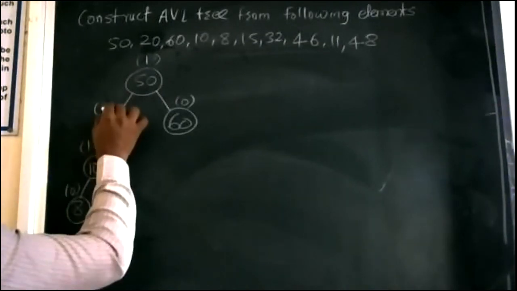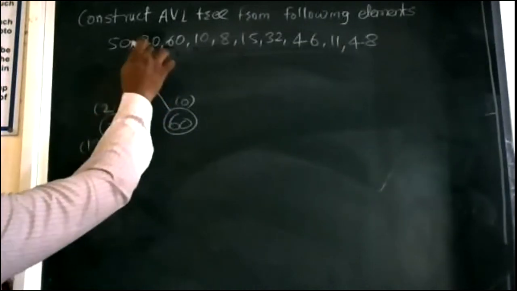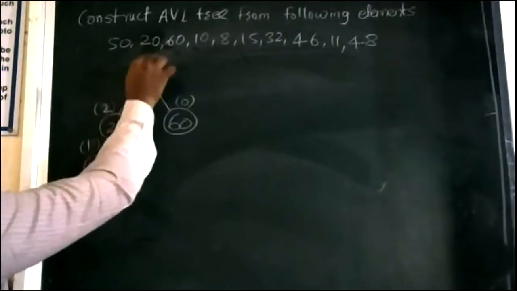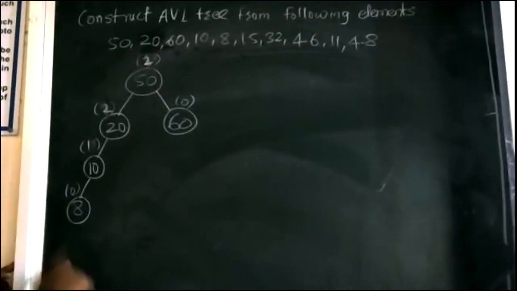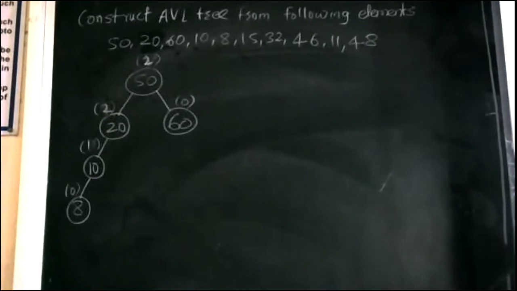Balance factor of 20? 2. Balance factor of 50? 2. Now the tree is balanced or unbalanced? Unbalanced. So what we need to do here? Rotation. So which rotation?